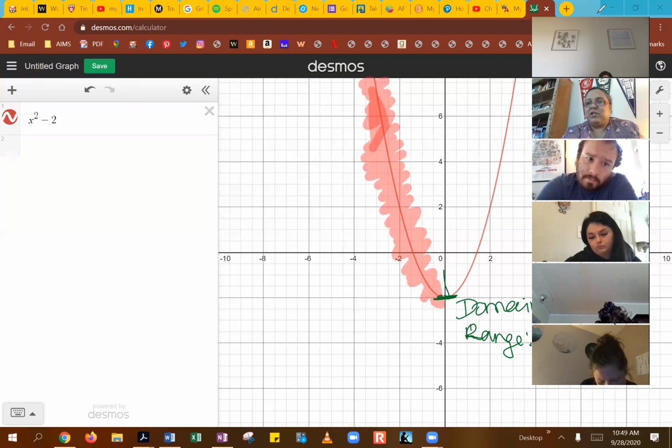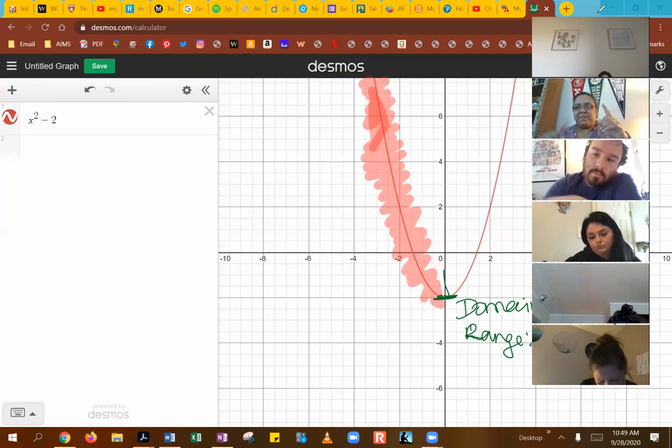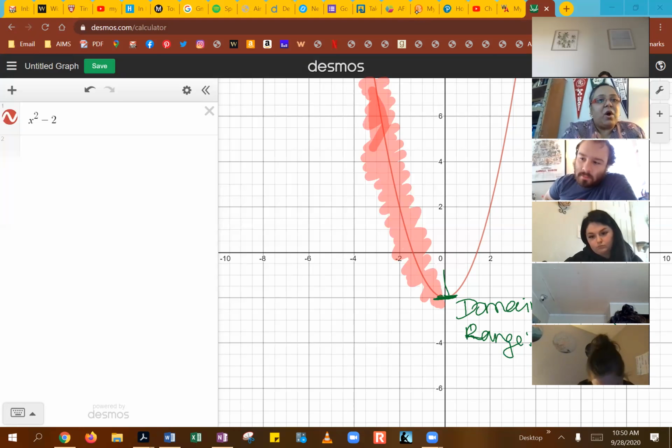So this happens a lot of times with these parabola type of equations. You always have to restrict your domain if you are going to be able to find your inverse function, because if we keep the entire domain what the original function has, for these parabolas, we will not be able to find inverses. So a lot of times you will see that we always end up talking about restricting our domain.